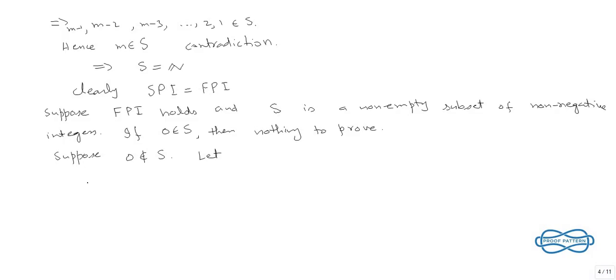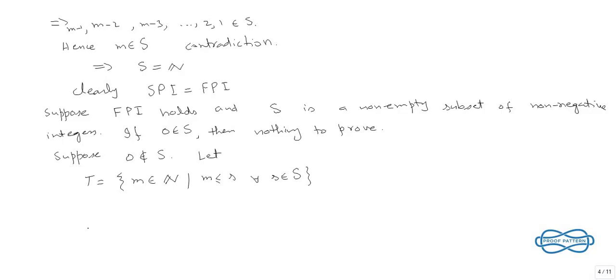Let T be a set which consists of those m from N such that m is less than or equal to s for all s belonging to S.